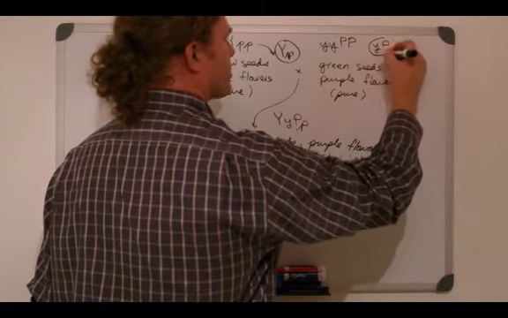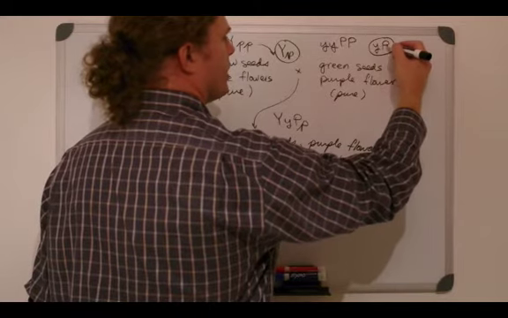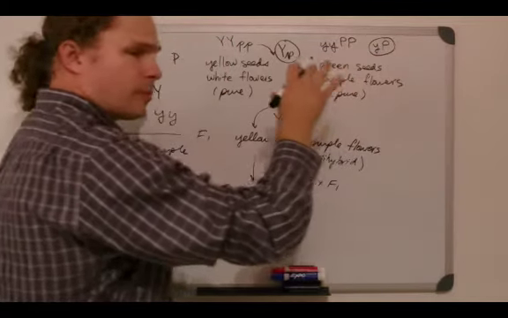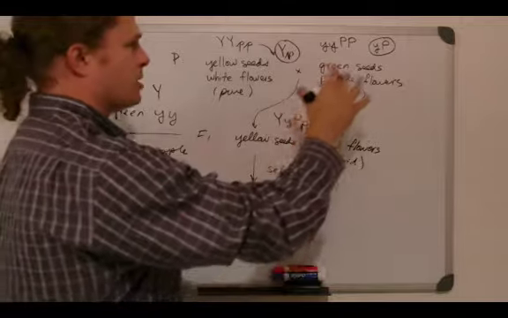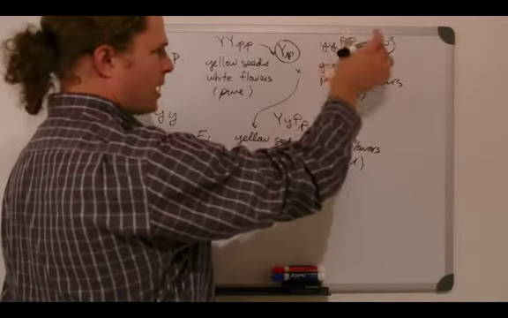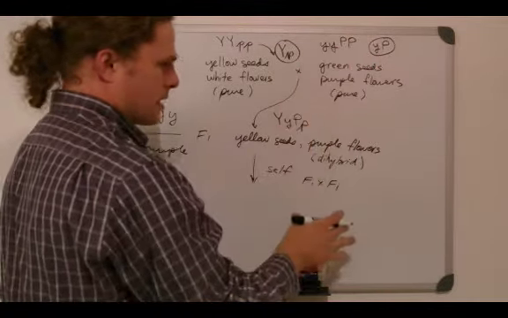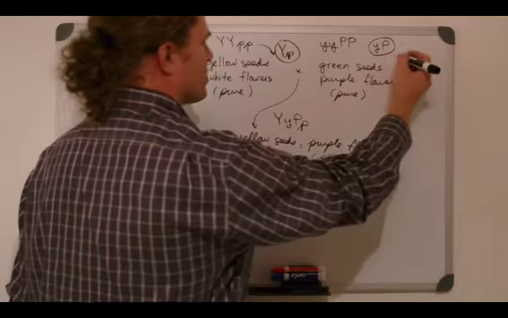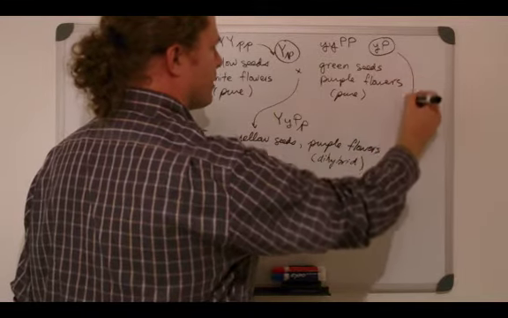This organism over here is going to provide a little y and a big P. Later on, when we talk about recombination, we're going to be talking about input sets or packets and output sets, so it's useful to think about this now as well.